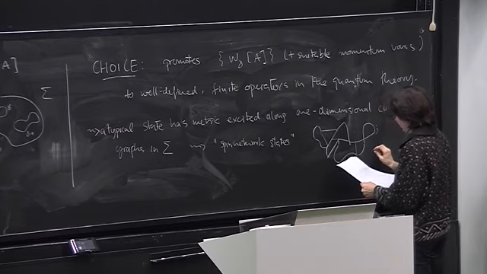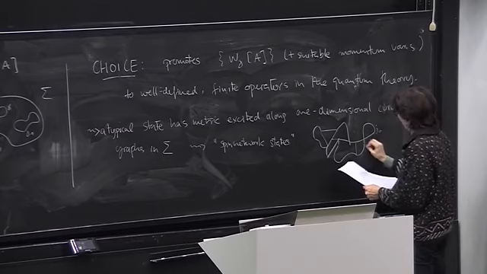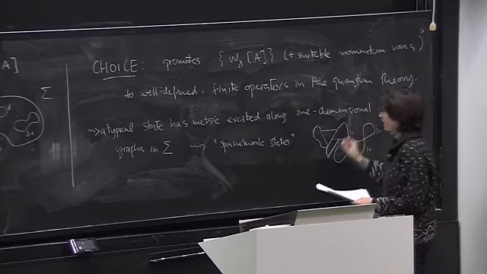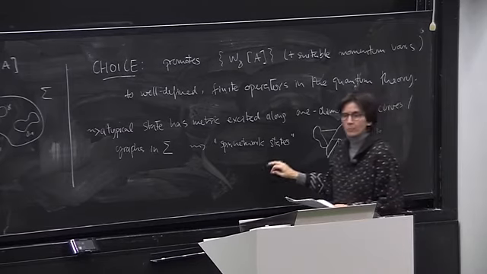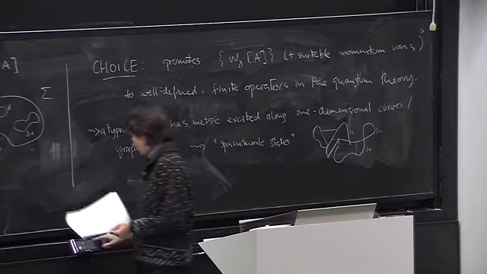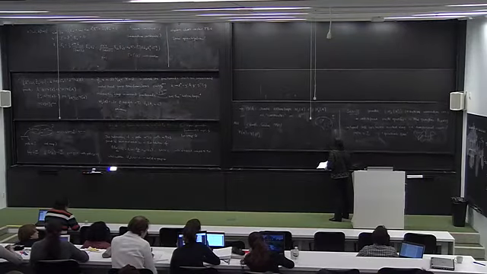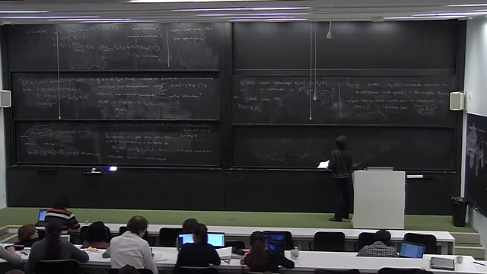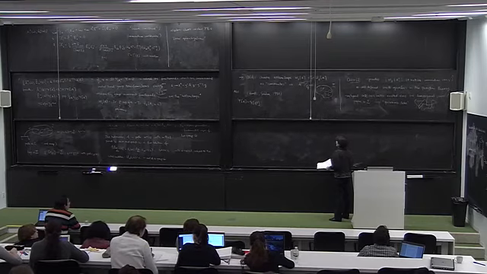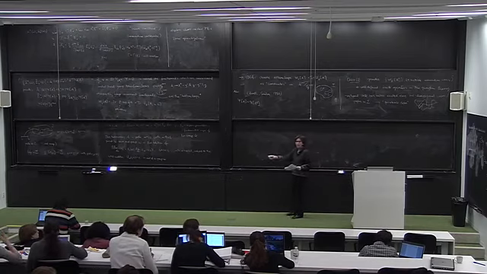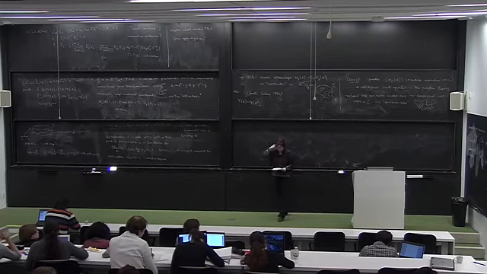Okay, so J0, J1, J2, etc. So these are spin network states. If you hear people getting excited about spin network states, this is how they arose, as labeling wave functions.